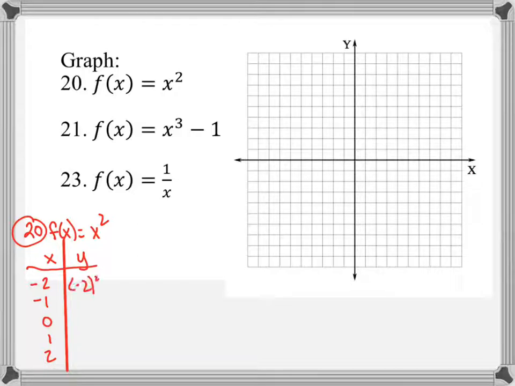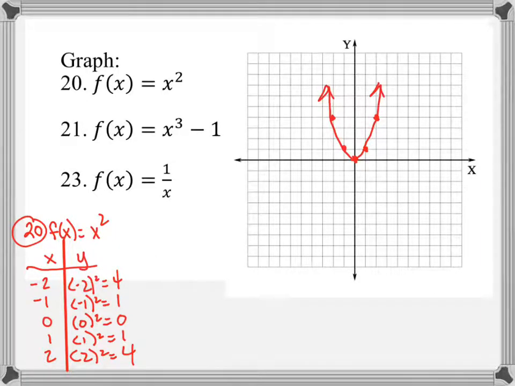Substituting them in, I have -2 squared gives me 4, -1 squared gives me 1, 0 squared is 0, 1 squared is 1, and 2 squared equals 4. So we could plot those points, (-2, 4), (-1, 1), (0, 0), (1, 1), (2, 4). And there's my parabola.